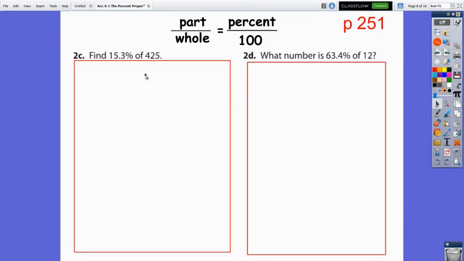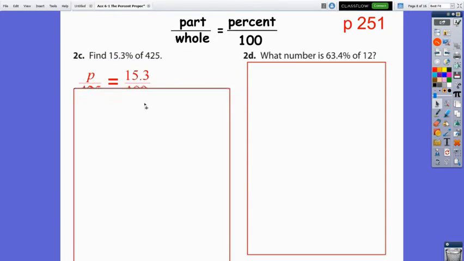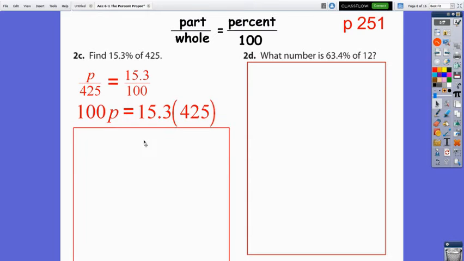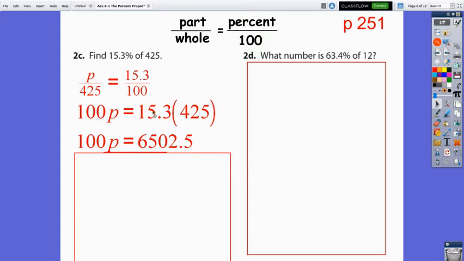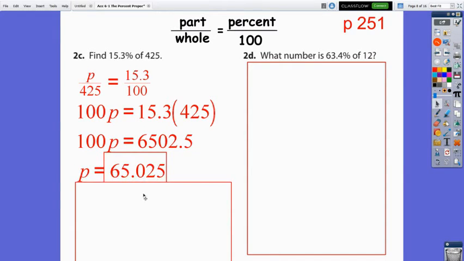Letter C, what is 15.3% of 425? Part over 425 equals 15.3 out of 100. Cross multiply, 6502.5 is 15.3 times 425. Divide both sides by 100.